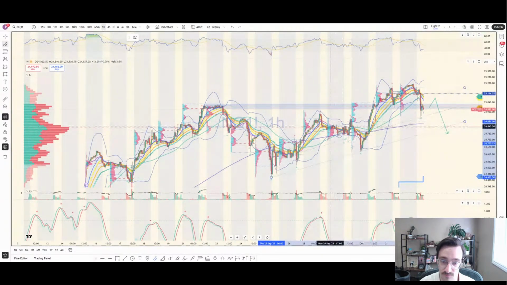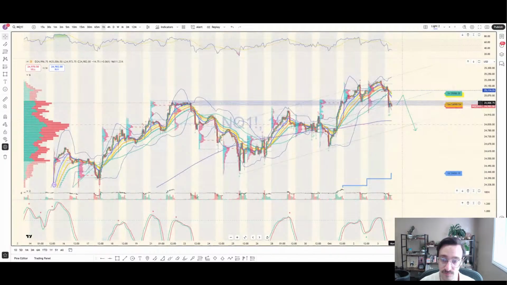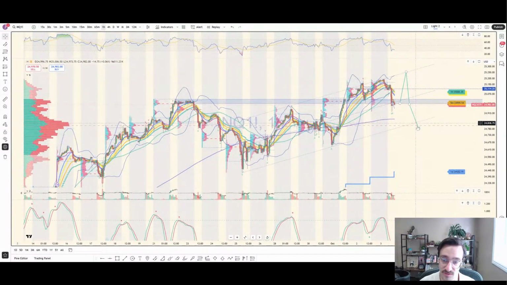Are we in a channel? Yeah, we're in a channel. So maybe the path of least resistance might be to rip it all the way and clean this out first. Hit the top of the channel, clear out stops here. Then you have a big point of control down here.